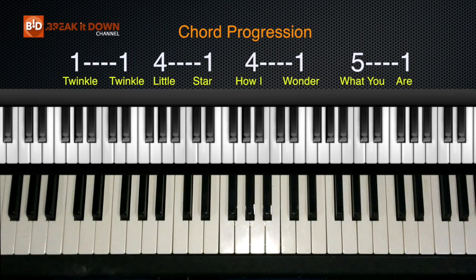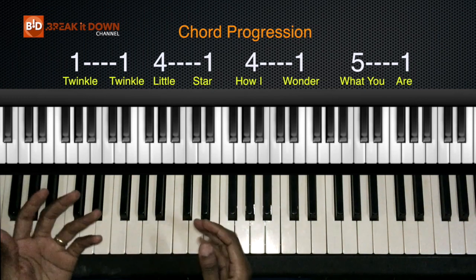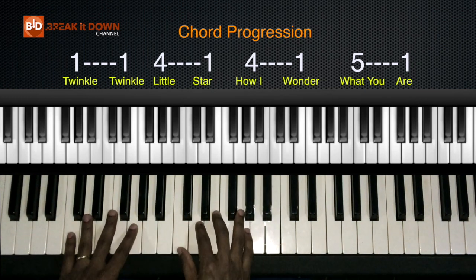And remember, we're just using the primary chords. If you had a wide variety of chords in your vocabulary, then you could play it in various ways. So for example, I wouldn't play Twinkle Twinkle Little Star like this.